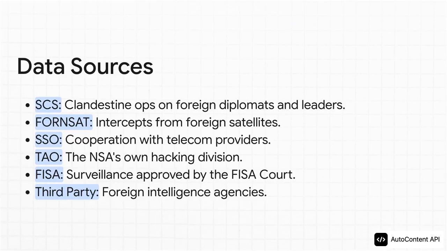We're talking about everything from secret missions inside foreign embassies to listening in on satellite communications. You've got data coming from telecom companies, intel from the NSA's elite hacking teams, stuff gathered through secret court warrants, and even information shared by allied spy agencies. They call it full-take data, which basically means the goal is to try and capture everything.